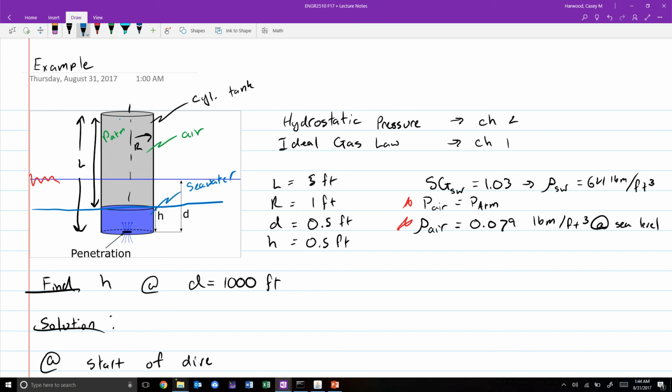As this cylinder moves deeper and deeper into the ocean, the pressure continues to build up, which compresses the air in order to balance out the hydrostatic pressure and create a stable surface.